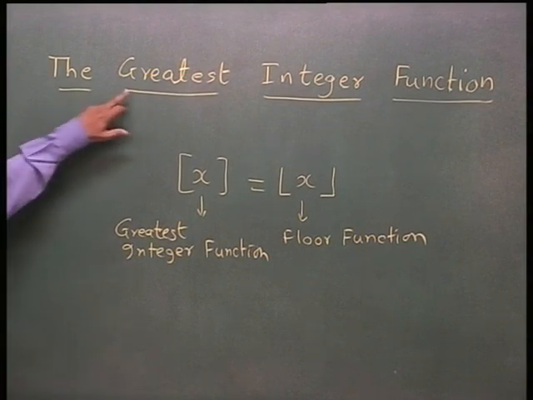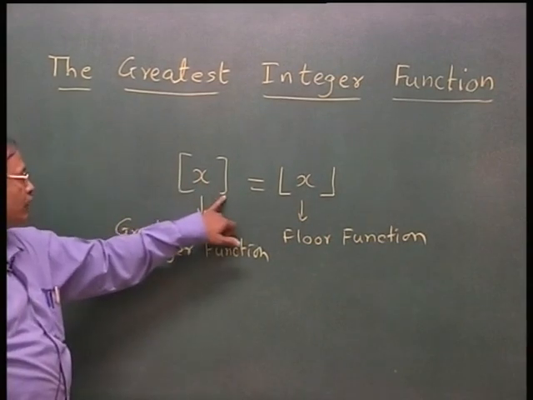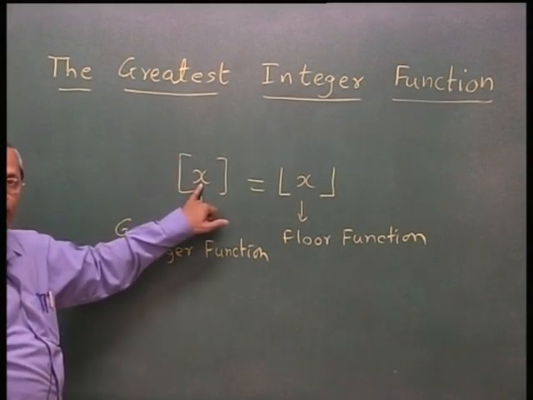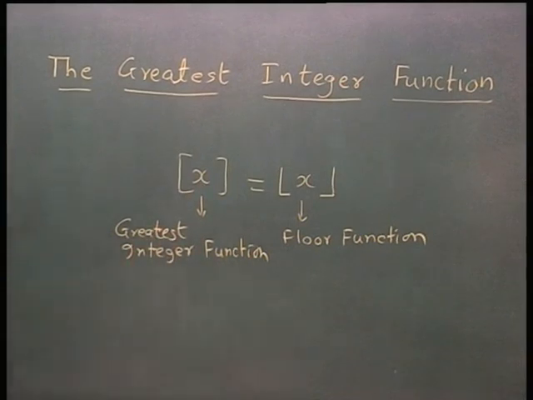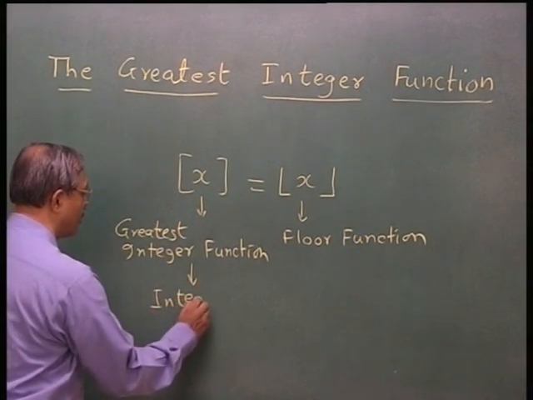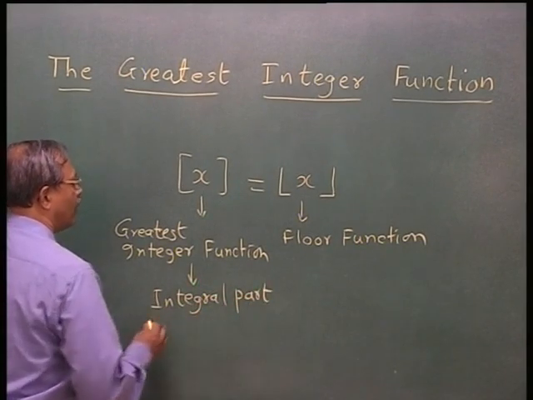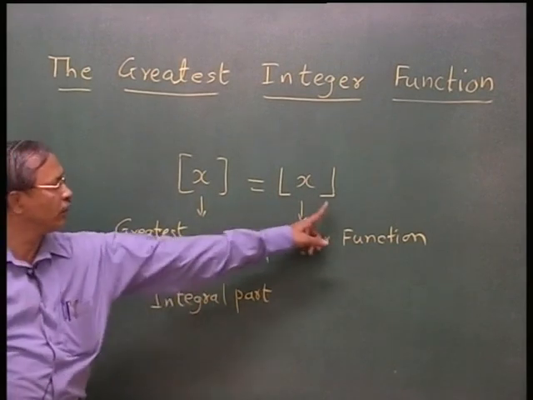So today we shall discuss the greatest integer function for a real number x. This notation, in square brackets we write x, is called the greatest integer function, or another name for it is the integral part of the real number x, or it is also called the floor function.